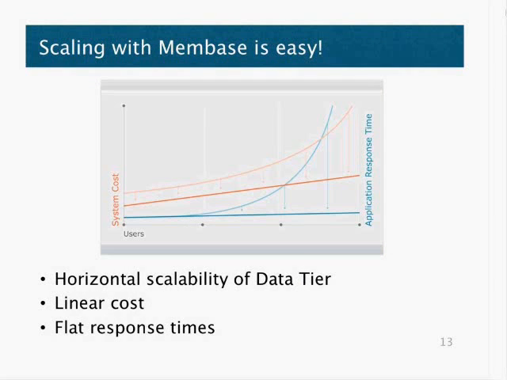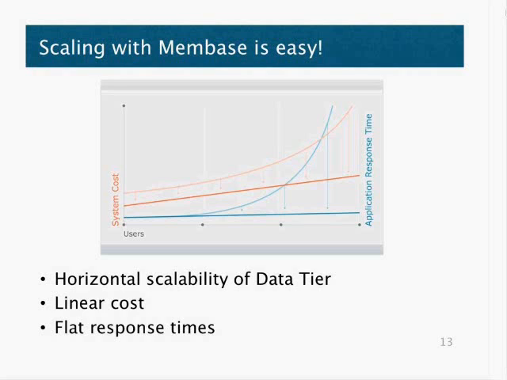If you have a cluster of Memcache servers, for example, the system cost scales linearly because you simply add more cloud nodes to the system, and the response times, of course, stay flat no matter how much data is being served, because data is just served from one node based on the sharding, and those nodes have a constant latency. And so this is really what scaling data in the cloud is all about, and what we're here to achieve.